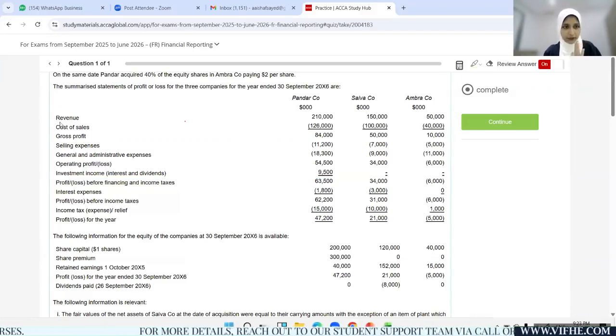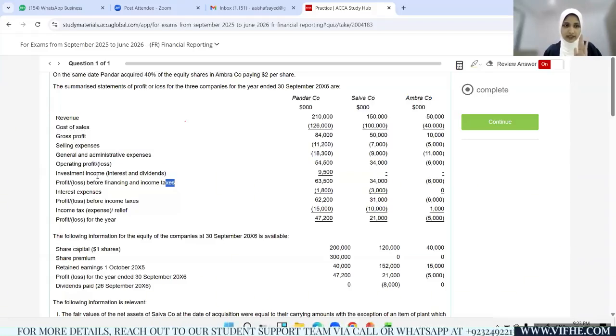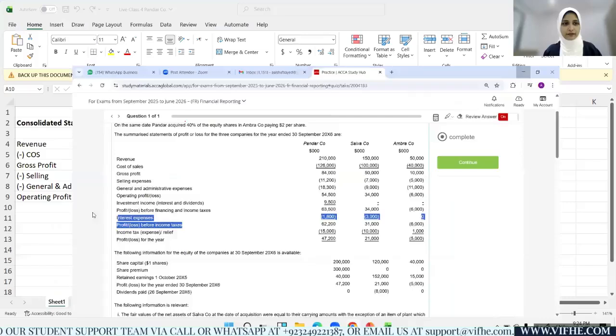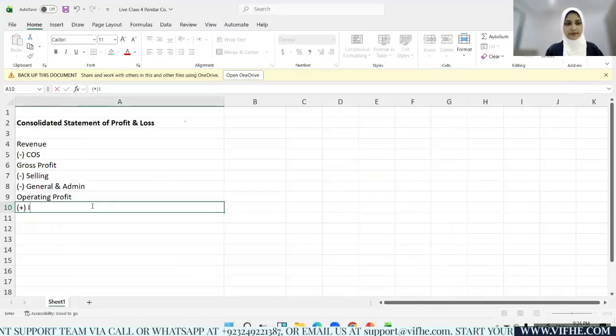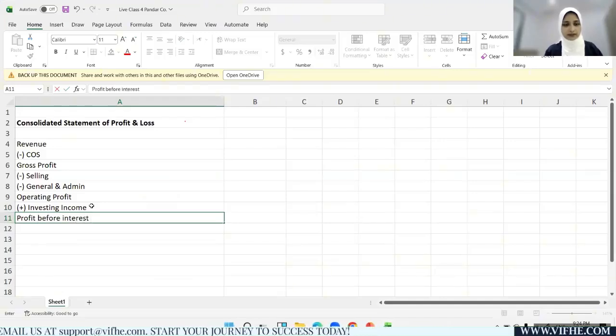But the main thing you have to remember is that till operating profit you have the operating side, till the investing part you have your investing side, and till the interest part you have your financing side. This is the format. So investing income or investment income, and profit before financing and taxation. Not PBIT, now they call it profit before financing and taxation.